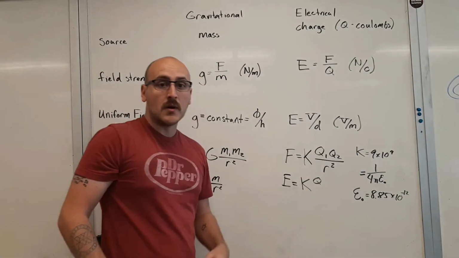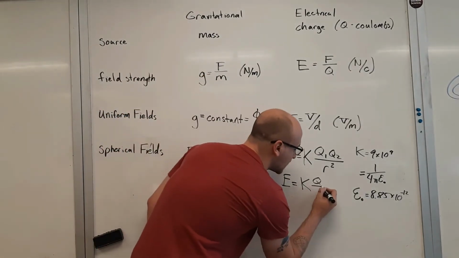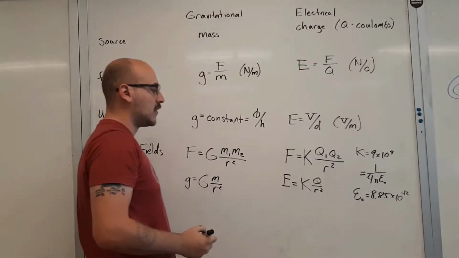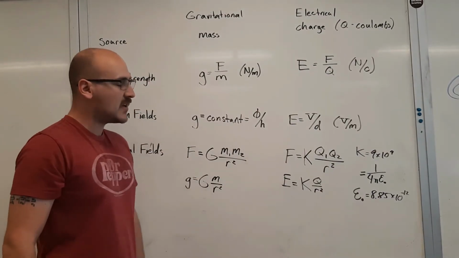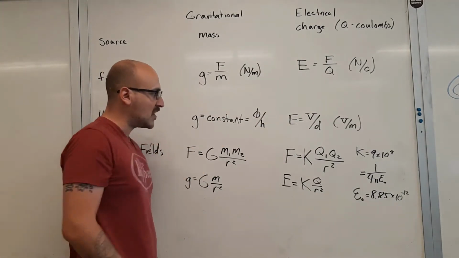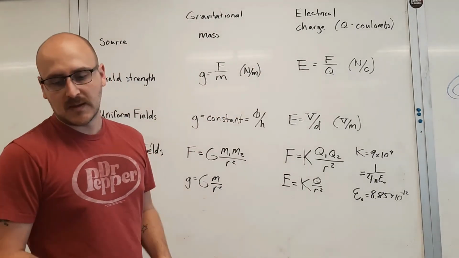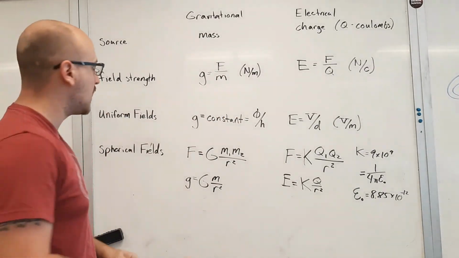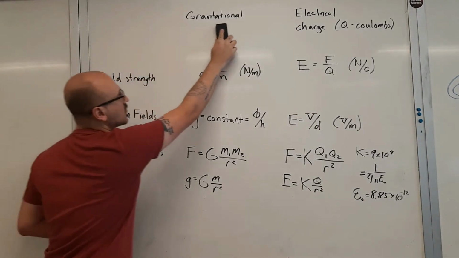Okay, so that Q, make sure you're paying attention to which charge it's asking you for the electric field around. And then still divided by r squared. Okay, so we can translate this stuff over between these two pretty easily, right? Wherever there's an M, we put a Q. Wherever there's a big G, we put a K. Basically done, okay?